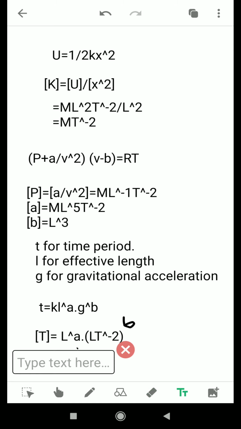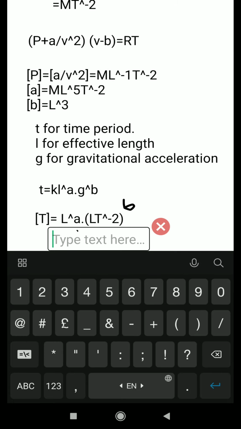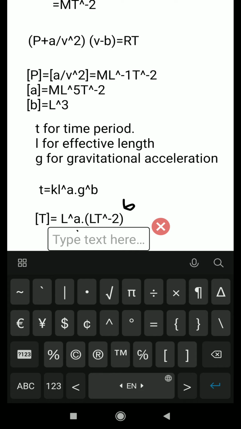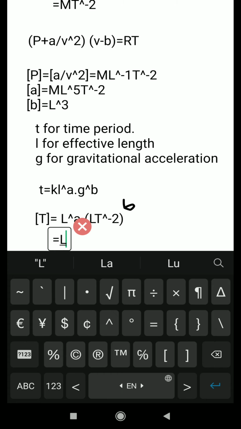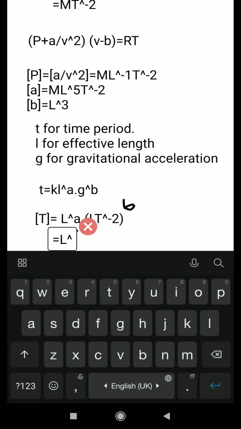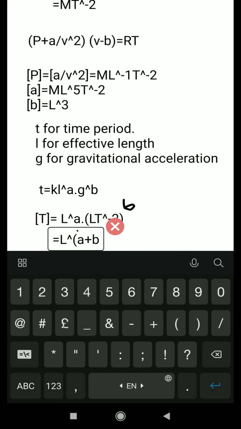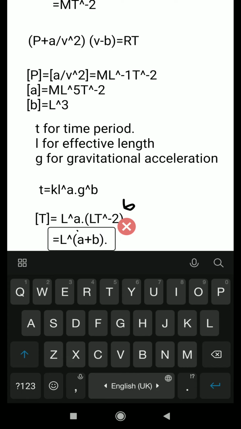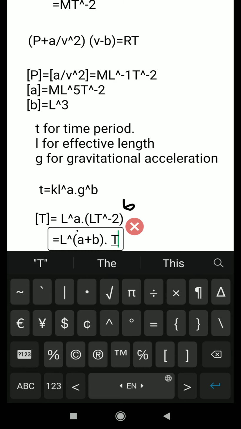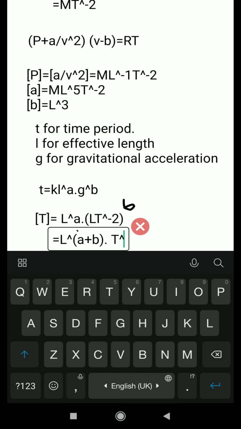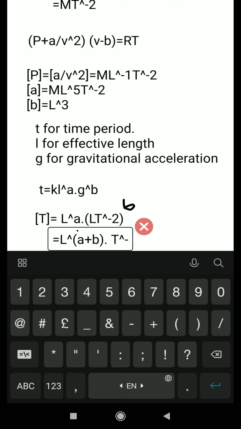So I have to write here, it will be L to the power a plus b into T to the power minus 2b.